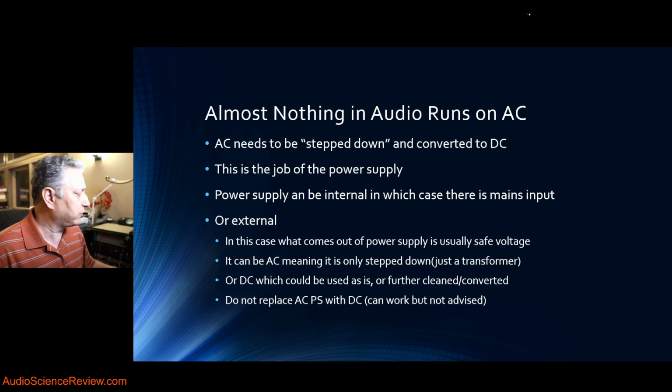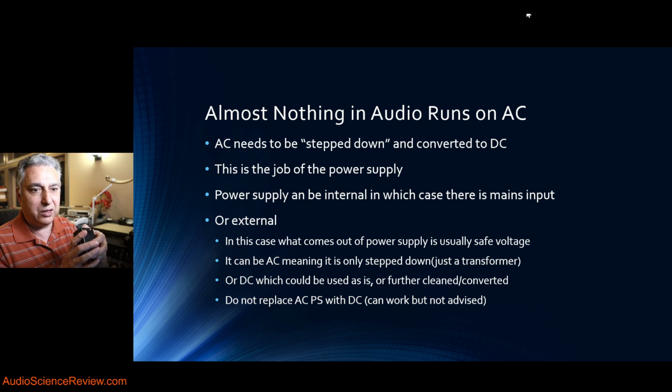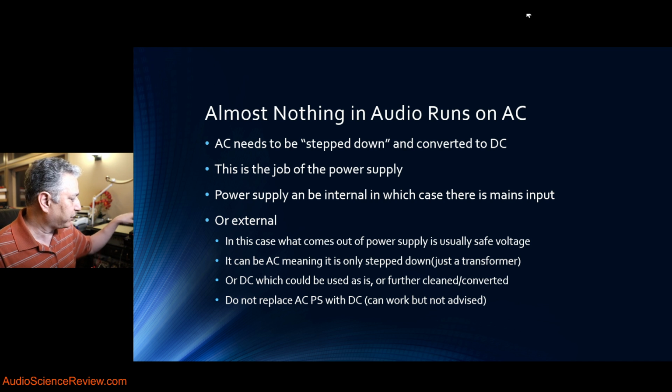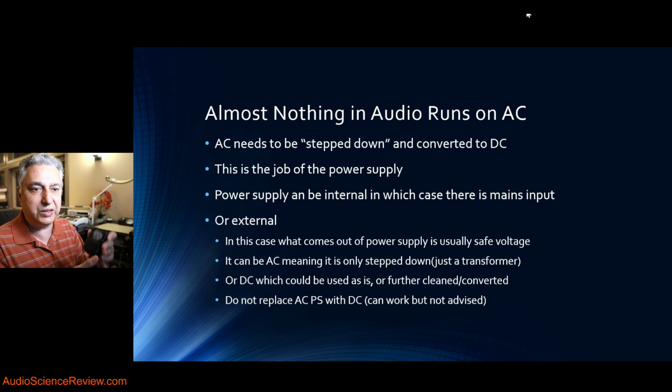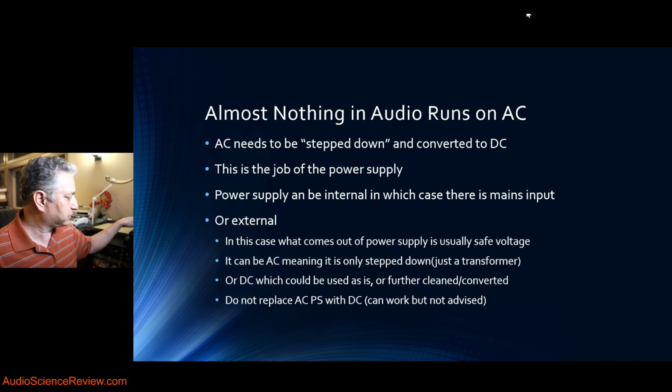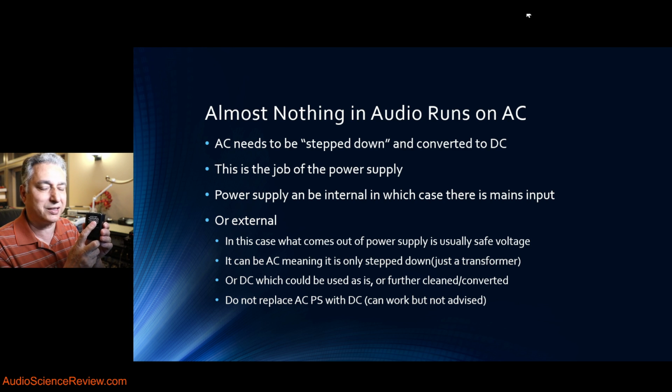Be careful in swapping one for the other. So if you have an AC input device, don't replace it with a DC one. Because first of all, these things are not exact. They don't put out an exact voltage. So while this says 5 volt, even if you got a transformer that puts out 5 volt, that's just nominal.